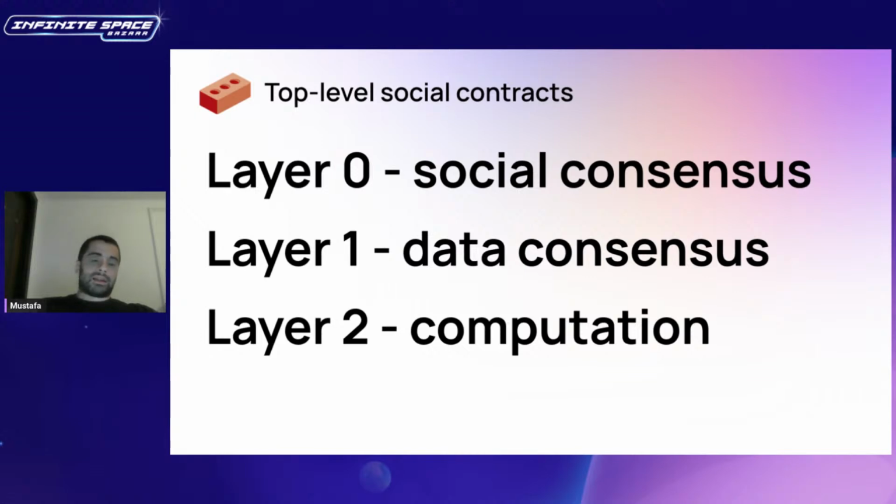Because as I said, ultimately, it's the social consensus of the rollup that defines what the correct chain of that rollup is. For example, Ethereum has hard forked many times with various network upgrades.